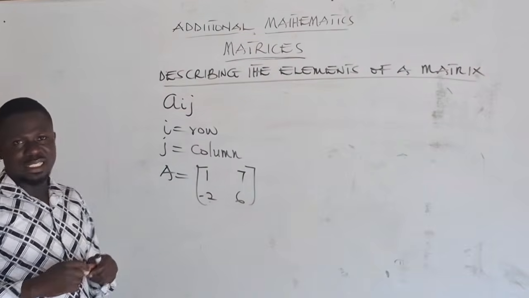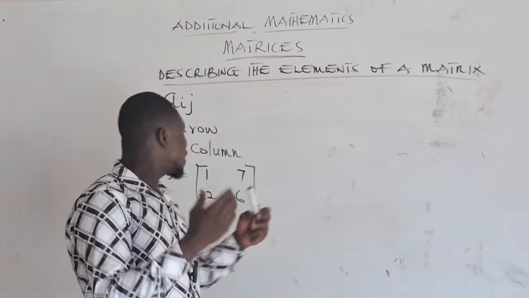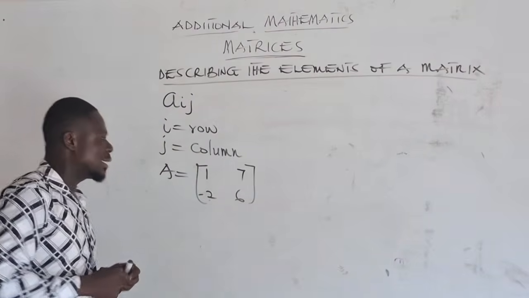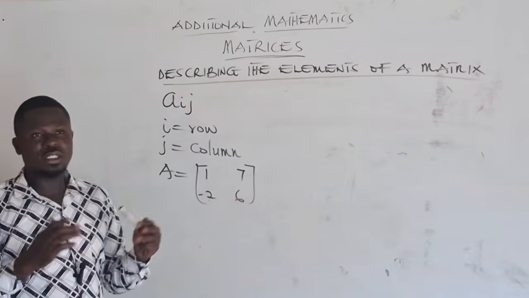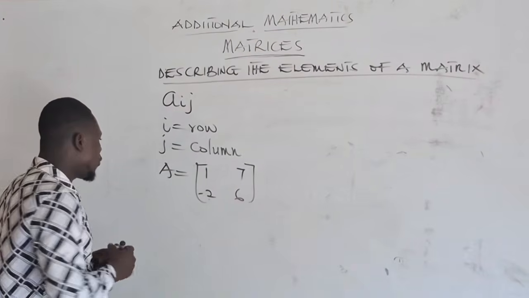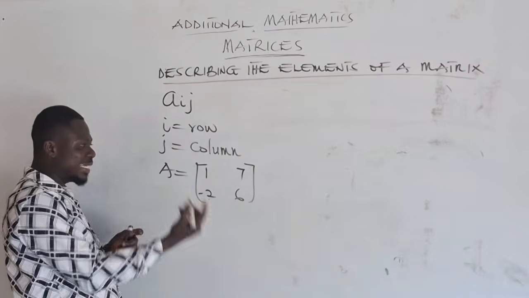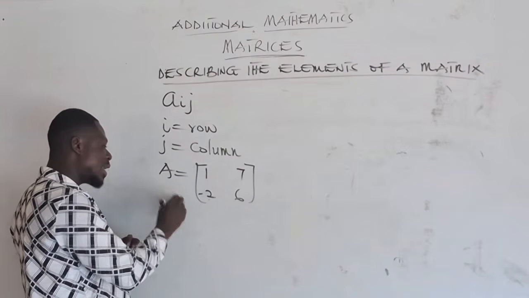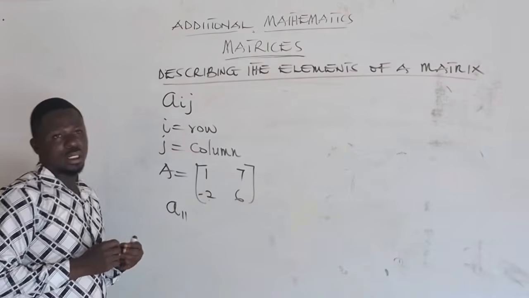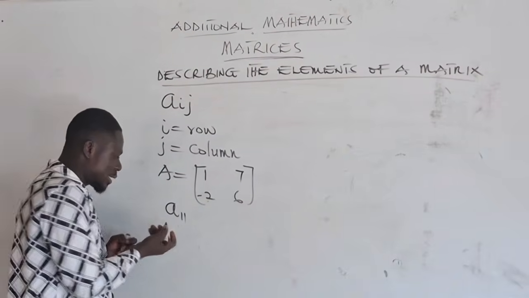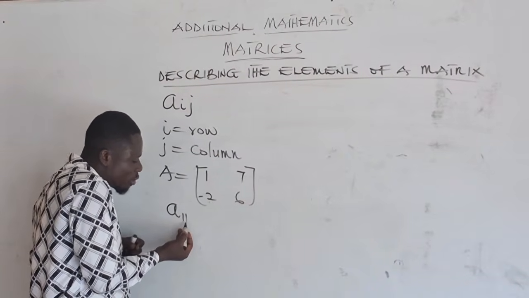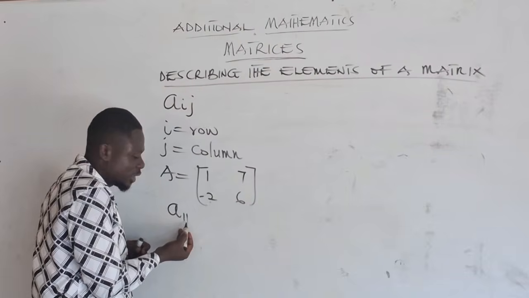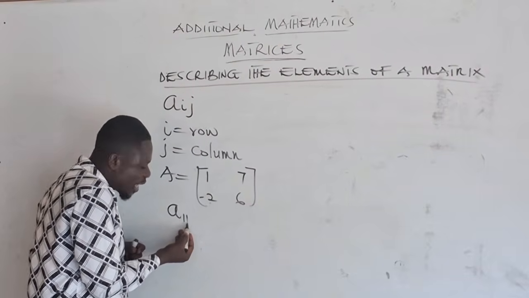So looking at this example, matrix A equals 1, 7, -2, 6. If we are being asked to identify the element A11, A11 here means the element in the first row, first column.